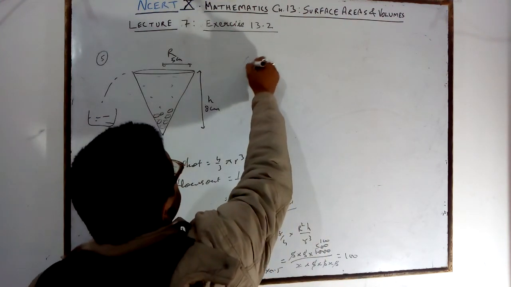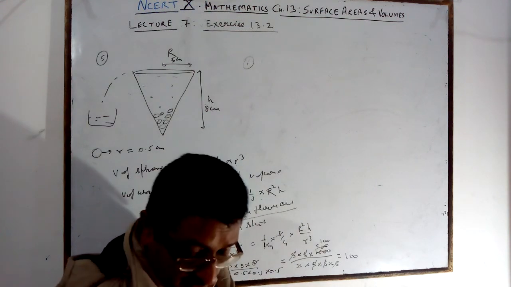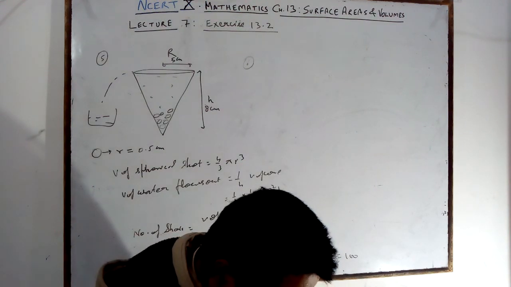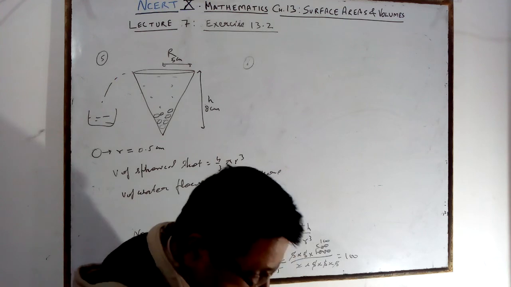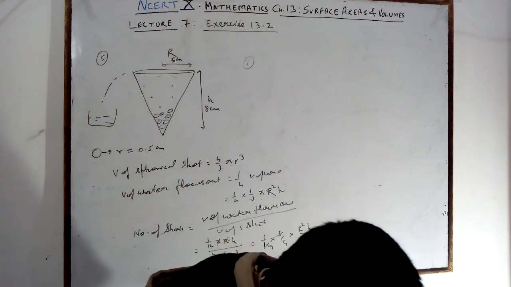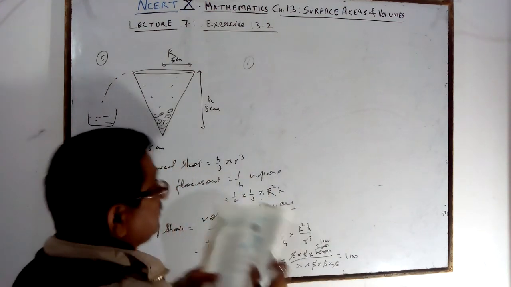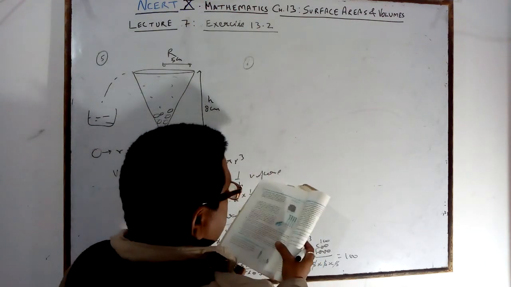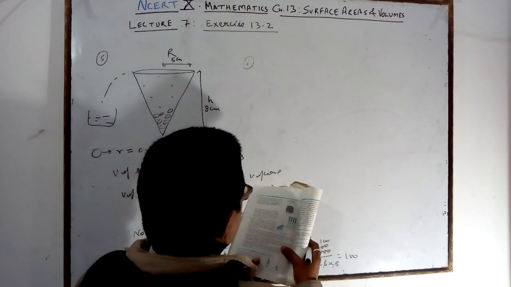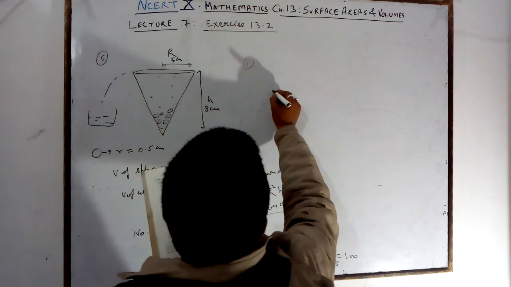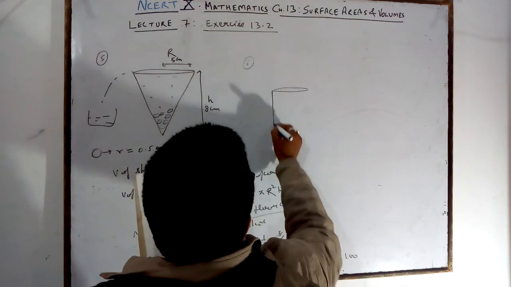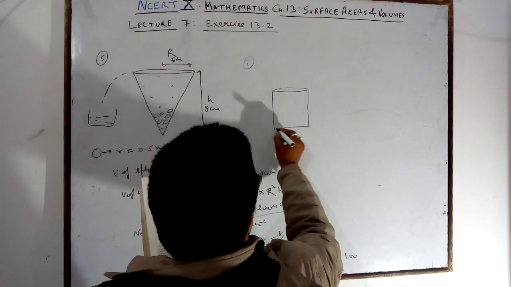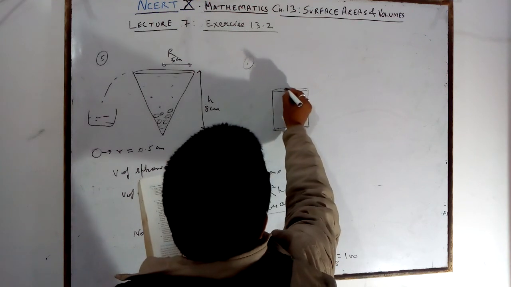Question number 6. It is given a solid iron pole consists of a cylinder of height 220 centimeter and base diameter 24 centimeter, which is surmounted by another cylinder. One cylinder is this, which is surmounted by another cylinder.